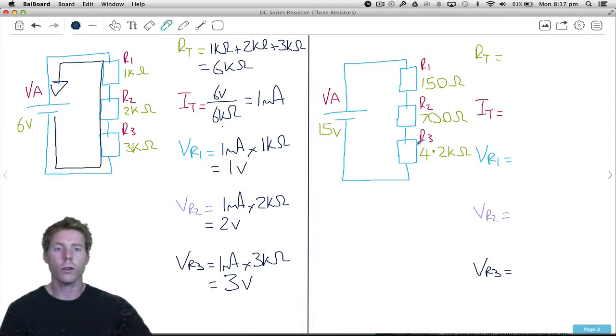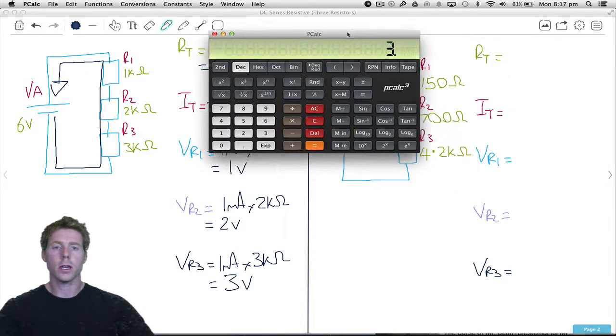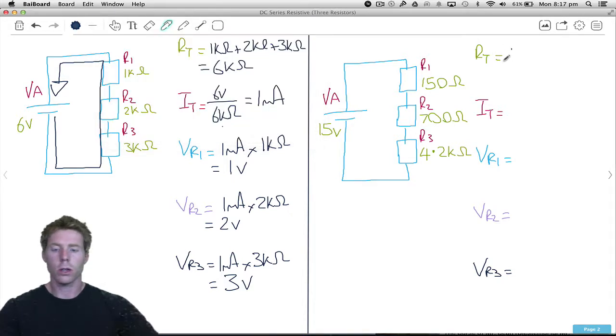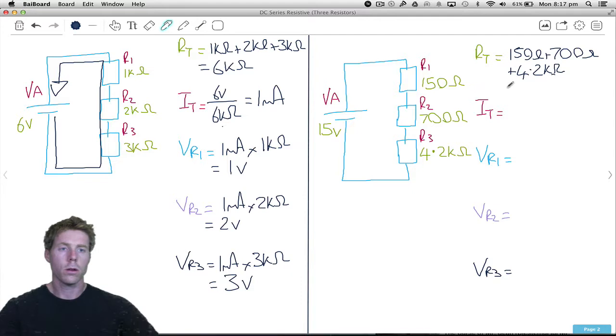So quite a few different resistor values here. 15 volt power supply this time. R3 is quite a bit bigger than the other ones in that it's 4.2K. The next biggest is 700 ohms, and the third is 150 ohms. First of all, what is RT? RT is going to be 150 ohms plus 700 ohms plus 4.2K.